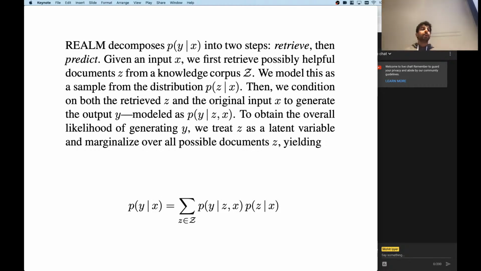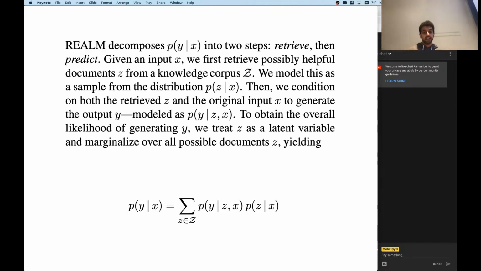One way you could do this is simply retrieve every document, compute this probability, and then sum over all of the documents. Maybe this would be a good way to go, except this is obviously incredibly expensive, right? If you were able to do this, then the model might learn to put high probability on z's that maximize the probability of pyramidion in that context.